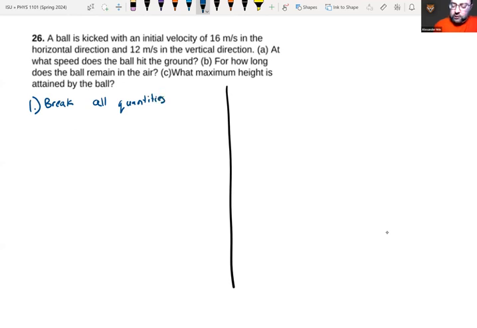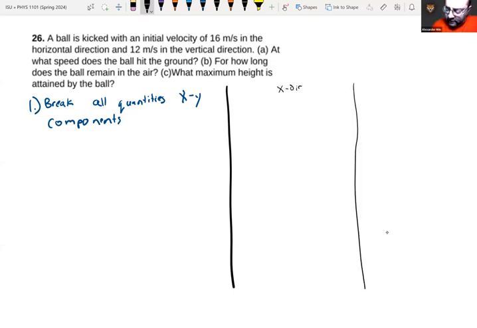Now, you can do this differently than I do. I'm going to show you my method. It's up to you if you want to do this. But basically what I'm going to do over here is I'm just going to have x direction, and then I'll make another column with y direction. And from there, what I'll do is I'll just start putting things in there.